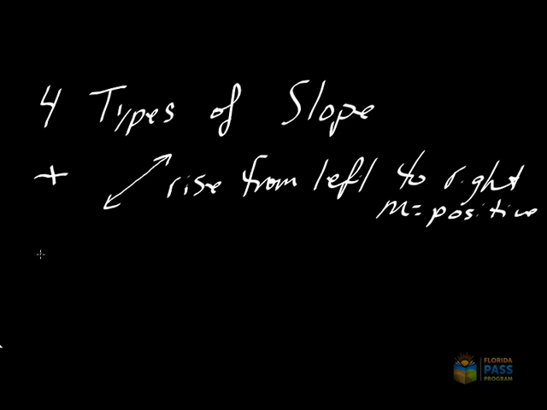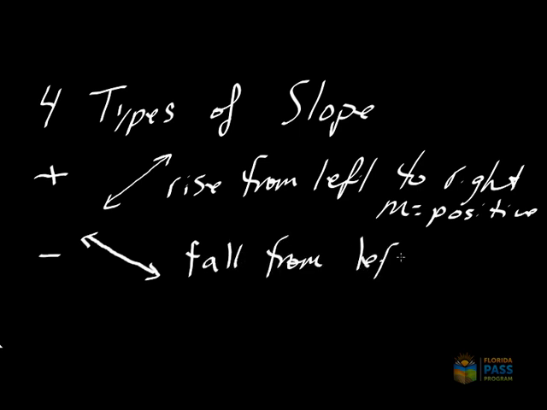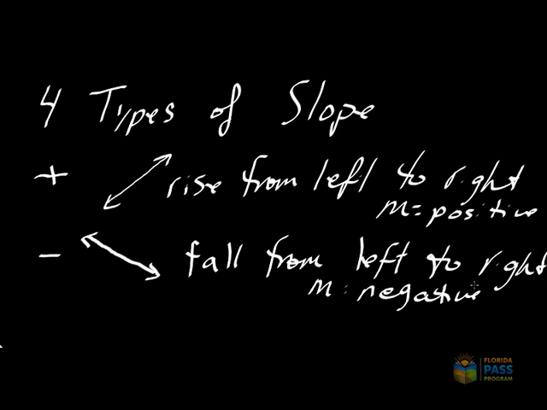The second type of slope are your negative slopes. Negative slopes are the opposite of positives. They don't rise, they fall. They fall from the left to the right. So instead of the slope being positive, the slope is going to be negative. The next type, you got positive, then you have negative.